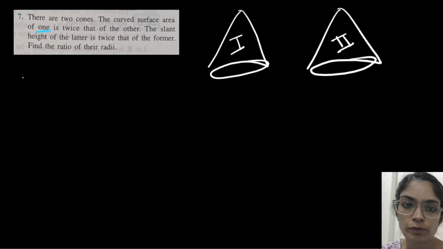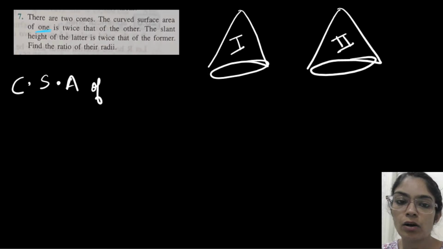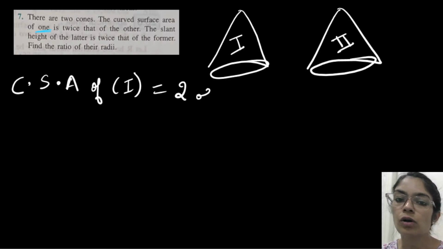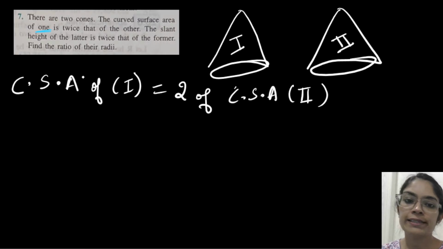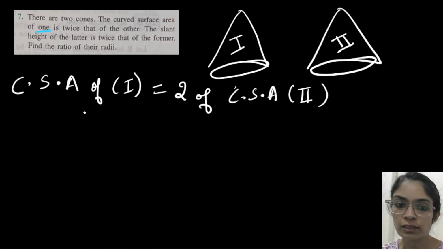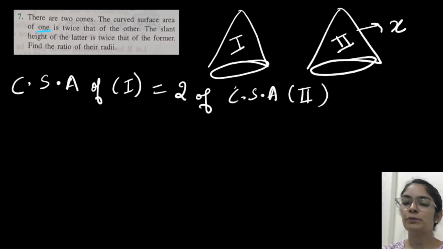So CSA of 1, I'll be just writing like this: CSA, curved surface area of first one, is equal to twice of CSA of second cone. Because they have used this word, one is twice of the other. So first one I am just writing first. So that means CSA of first one, if I am assuming CSA of second one as X. So I'm just assuming.